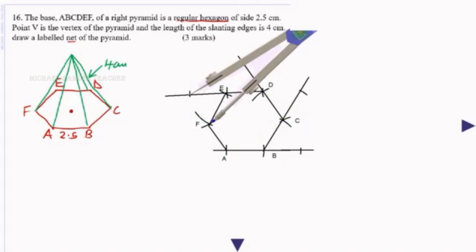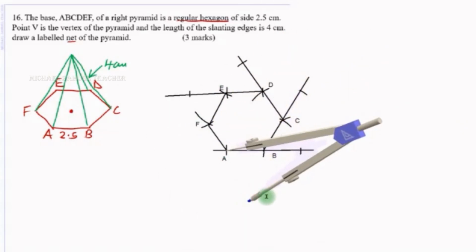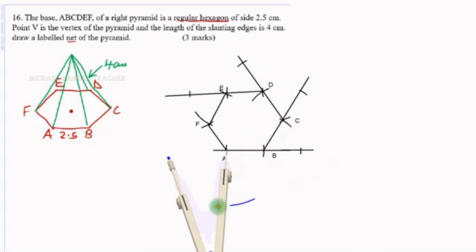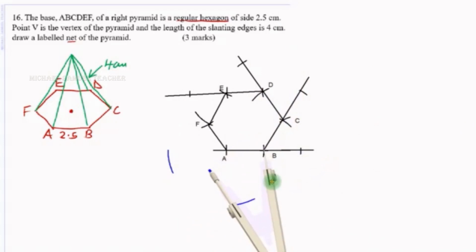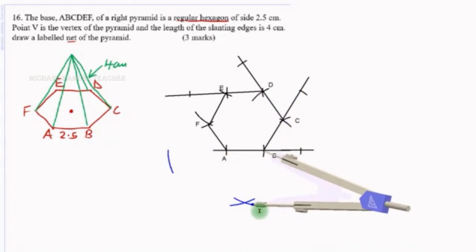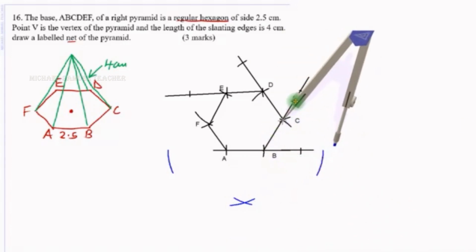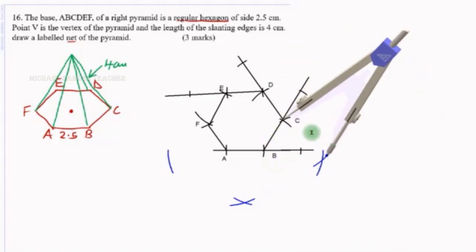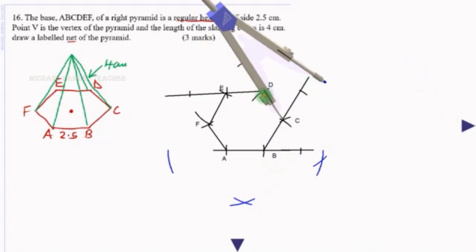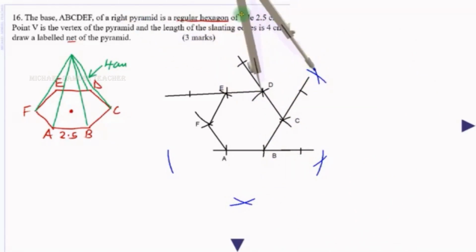Then from there, now we draw the slant edges, which is 4 centimeter. We start from A, we make an arc for each vertex, drawing an arc at each point. So we do that for all the sides, and then we join A, B, C to the required vertex.